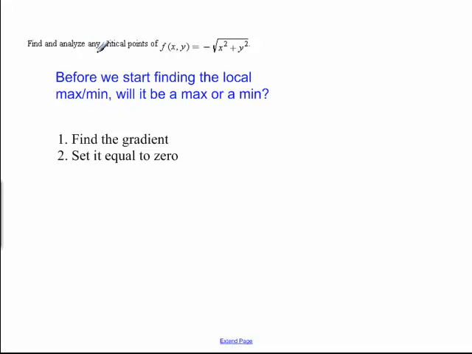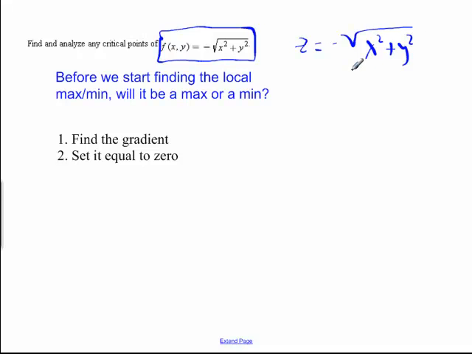Okay, so let's also be aware that, just general intuition, looking at a function, we can judge whether or not we would expect a max or a min. So here we have this function, and we have z equals negative the square root of x squared plus y squared. So x squared plus y squared, each of those terms are being squared. So we know that x squared plus y squared must be greater than or equal to 0.